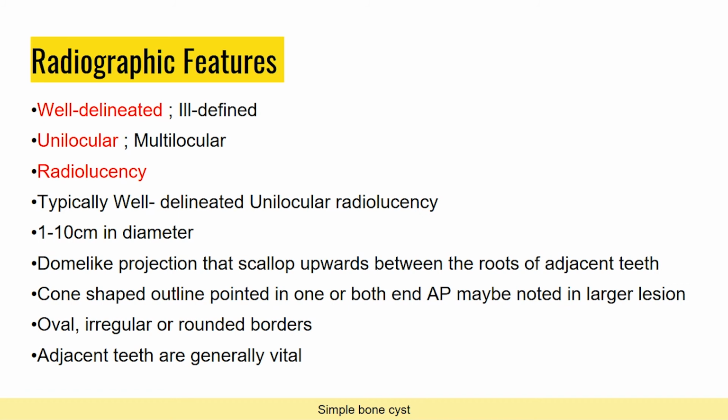It is usually 1 to 10 cm in diameter, with dome-like projections that scallop upwards between the roots of adjacent teeth. A cone-shaped outline pointed at one or both ends anterior-posteriorly may be noted in a larger lesion. It appears with oval, irregular, or rounded borders, and the adjacent teeth are usually vital.